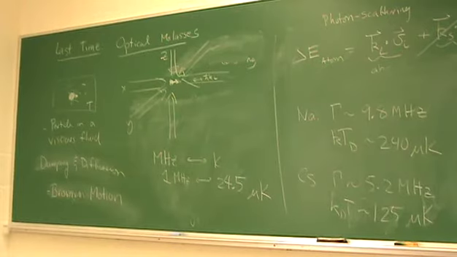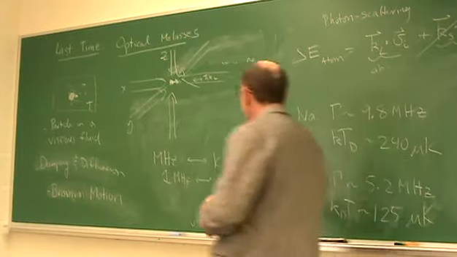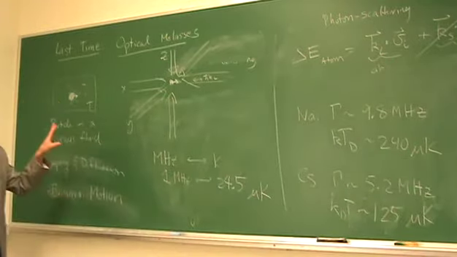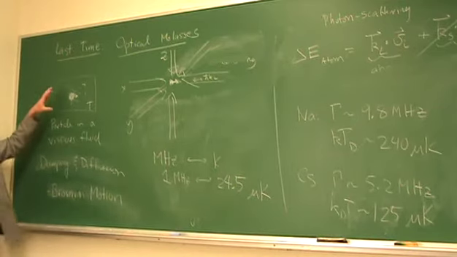Now, there's a lot of interesting physics here. If we come back and think about this picture, this analogy: in the description that we had about a particle moving in a viscous fluid and coming to equilibrium, the temperature that this particle reaches is given by the temperature of the bath.